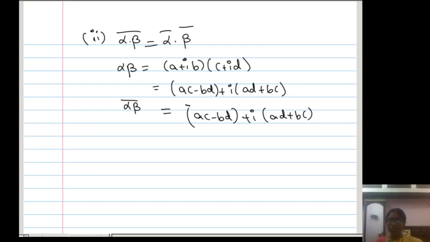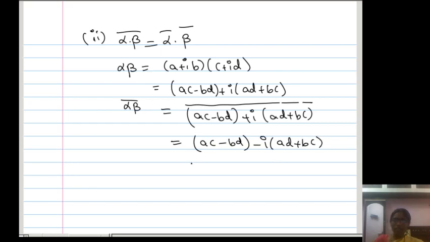After doing the multiplication, applying the bar here, replace i by minus i: AC minus BD minus i into AD plus BC. You can write the same thing like this: A minus iB into C minus iD.